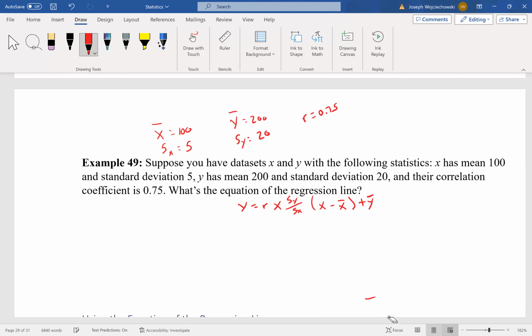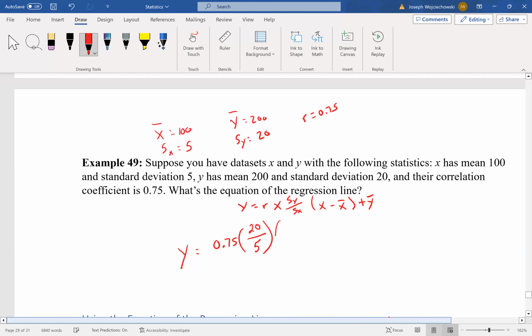Y equals r, 0.75, times the standard deviation of y, 20, over the standard deviation of x, 5, times (x minus x bar, which is 100), plus y bar, which is 200.